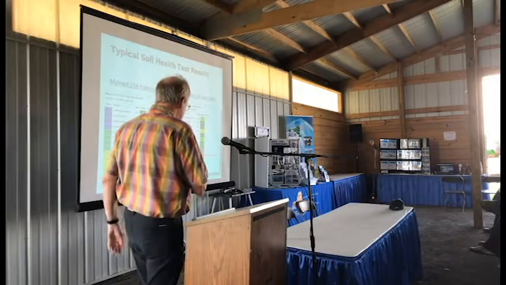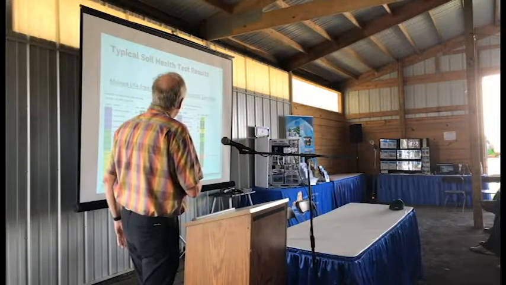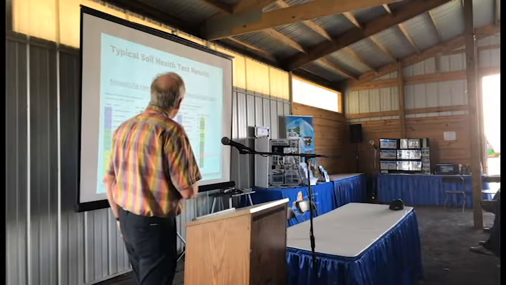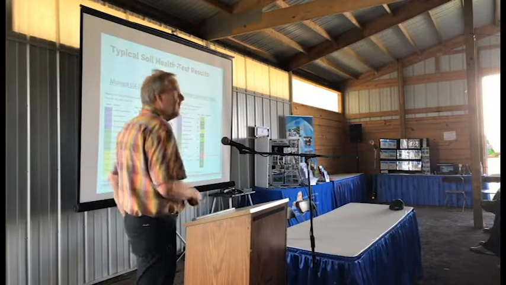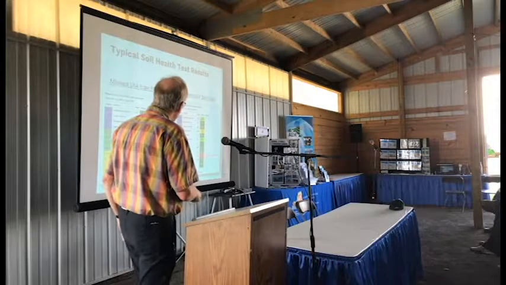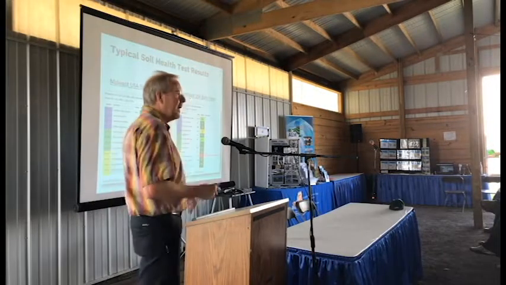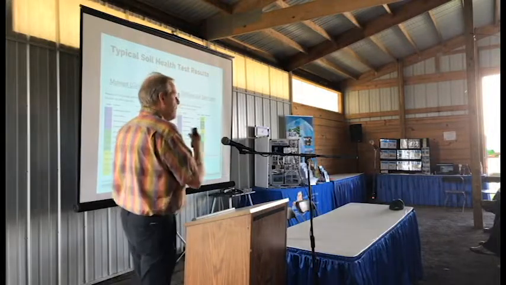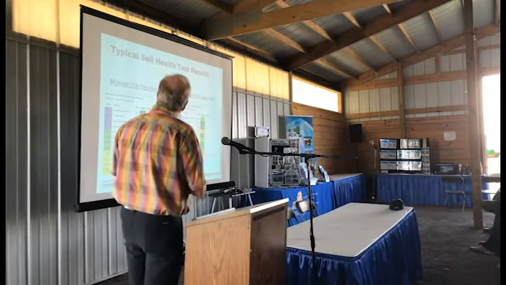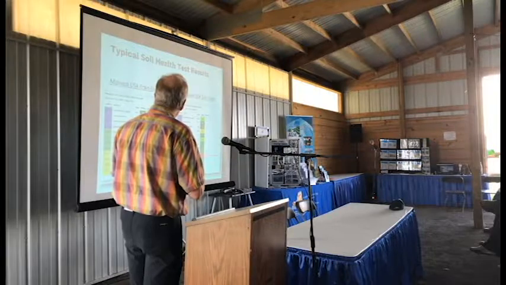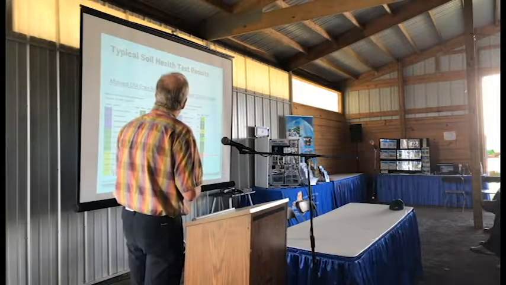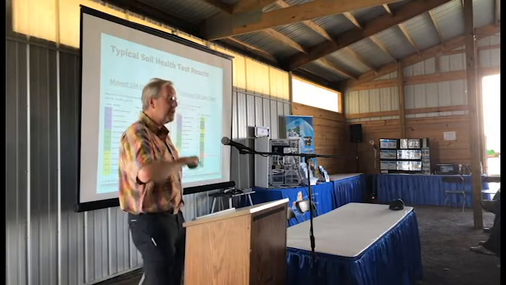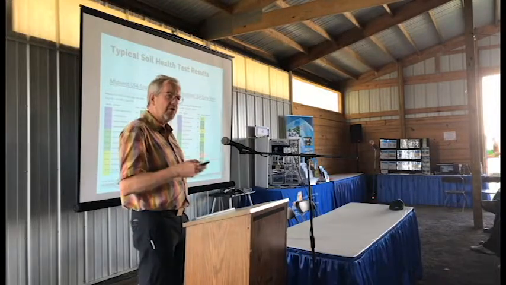And we see that the dairy farm has low hardness, high aggregate stability, high organic matter, and looks really quite good, except for phosphorus, because it got a very low rating because there's too much phosphorus, right? So we downgrade that. But you can see that the typical grain farm, I think this one was from Iowa, has a lot of problems because it hasn't had this natural cycling of nutrients and carbon.